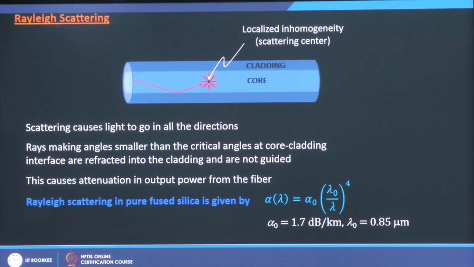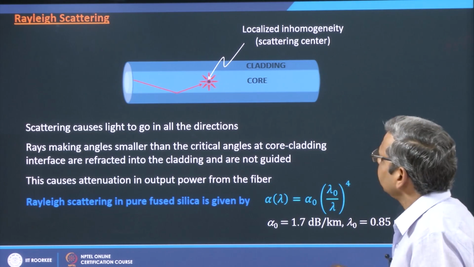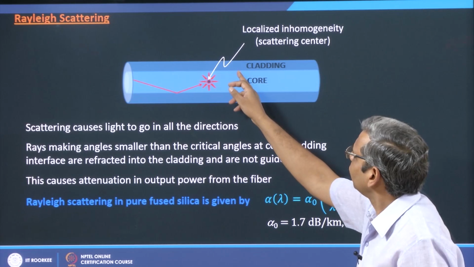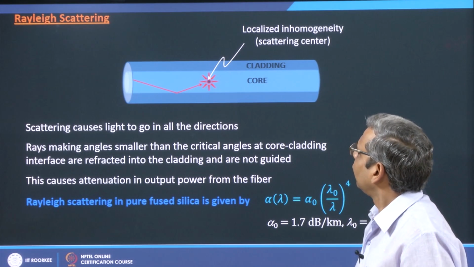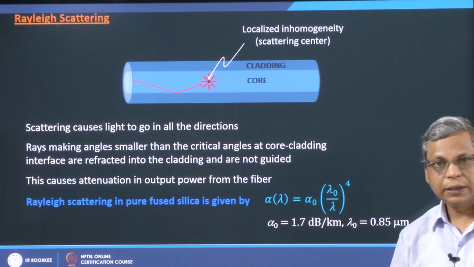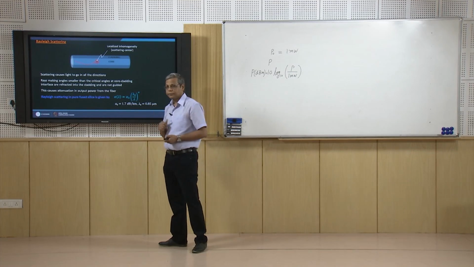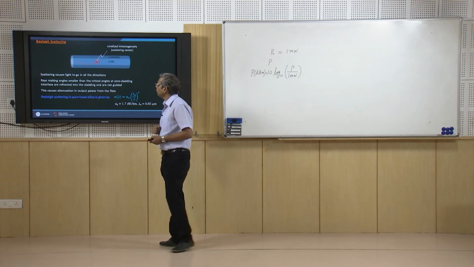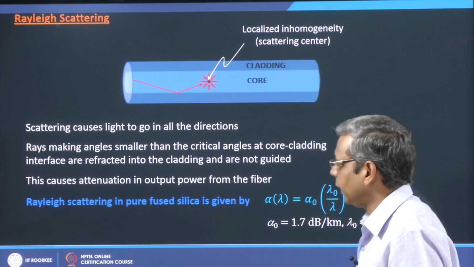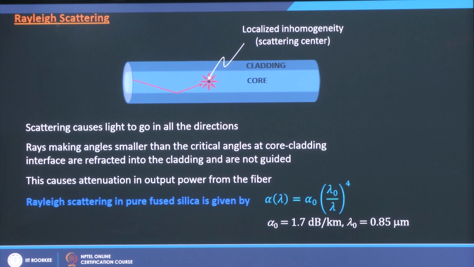When it scatters light in all the directions, then only the rays here which make larger angle from the normal of core cladding interface are totally internally reflected and are guided, while all the other rays are refracted into the cladding and are lost, and this causes attenuation in the output power from the fiber.